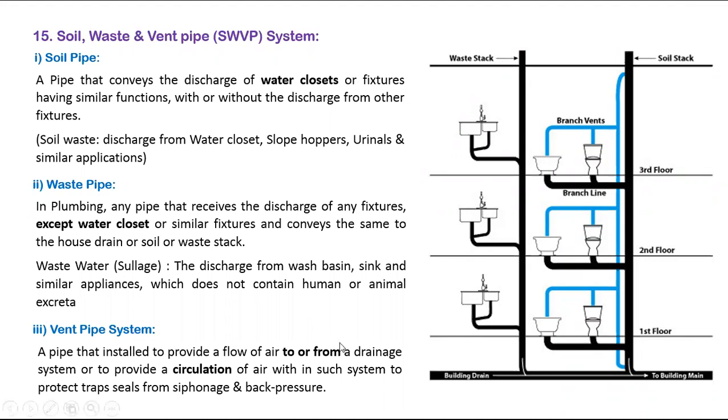For preventing cyclonic action and backflow prevention only we are giving the ventilation system. You have to keep in mind, for preventing cyclonic action and backflow in the piping system, we are giving the venting system.